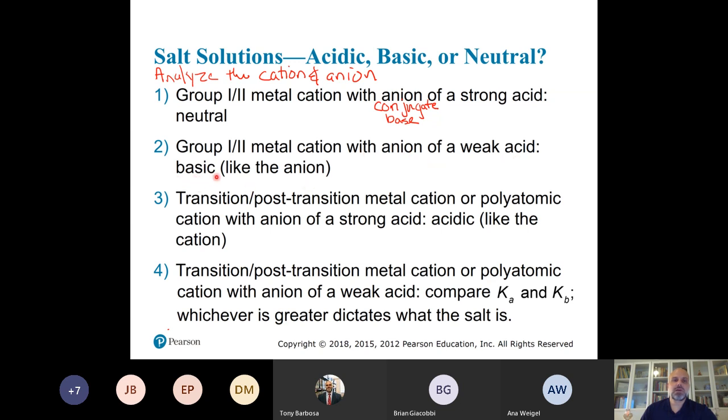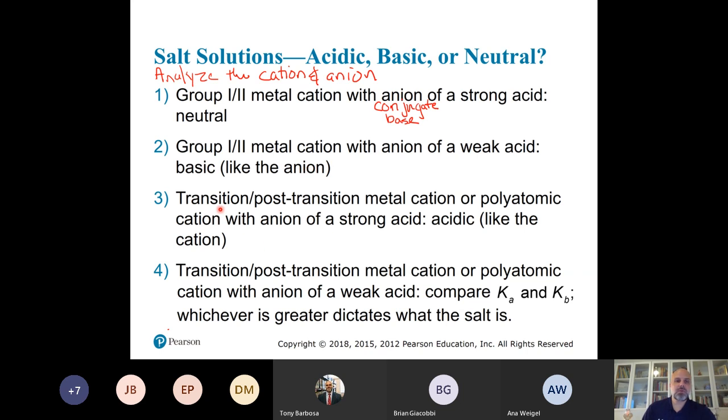This is a basic solution because this anion reacts with water to produce hydroxide ions. We talked about that earlier: the anion reacts with the water and produces OH minus. So the anion ends up basic, since you have a conjugate base of a weak acid.